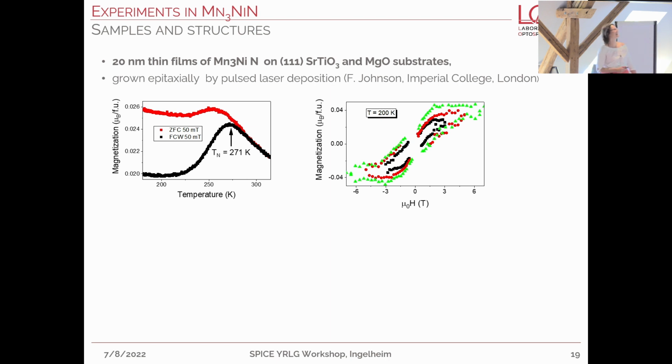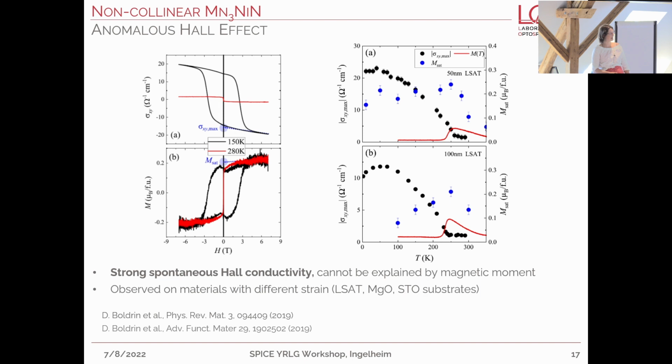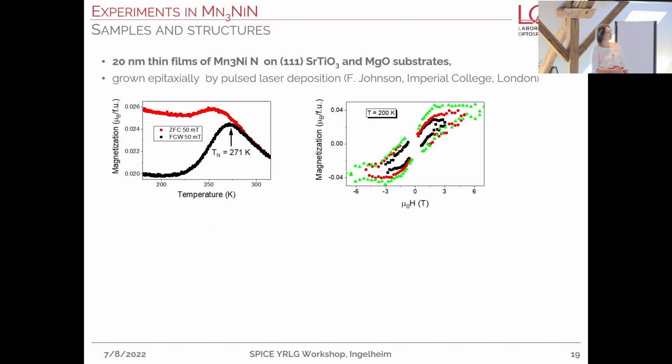Okay, so we had basically structures that were the same as for this kind of study, grown by the same group. It was a 20 nanometer thin film, prepared either on STO or MgO substrate at Imperial College, and it was prepared by PLD. These structures were epitaxial and uniform.